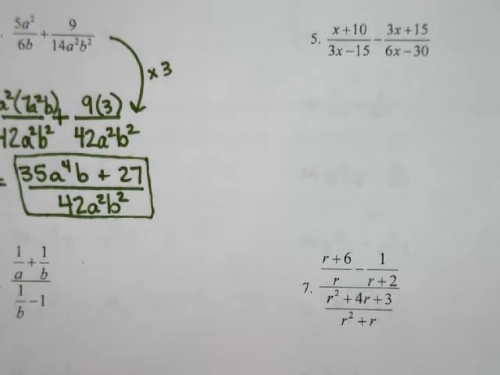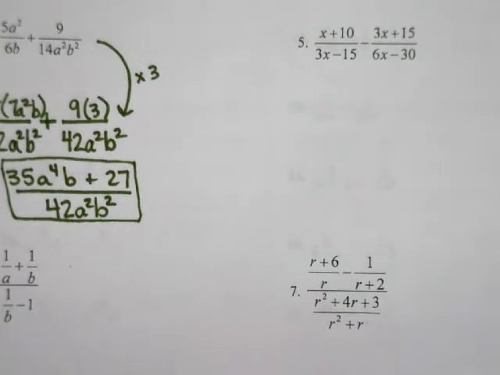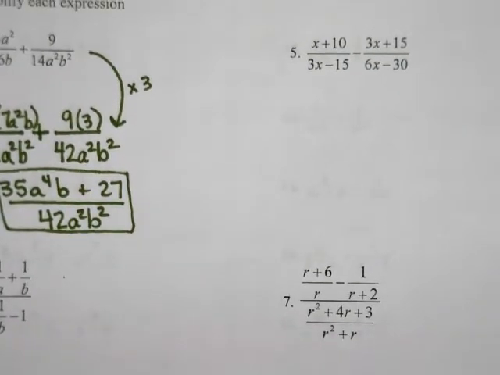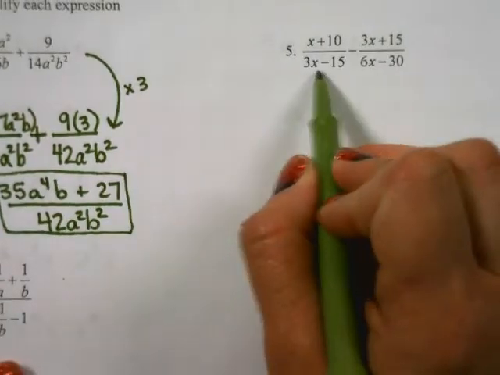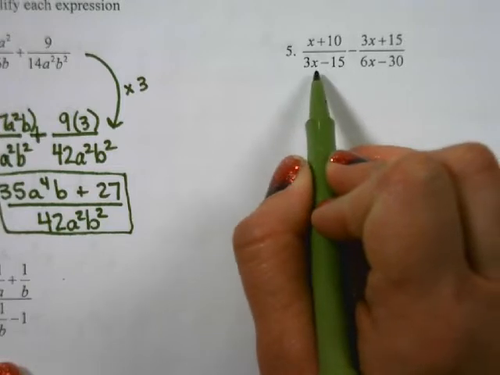Okay, so let's try 5. We probably need to factor our denominators first, right? If I factor my denominators, is there something that can come out of this one right here?